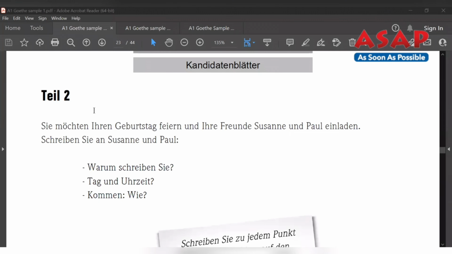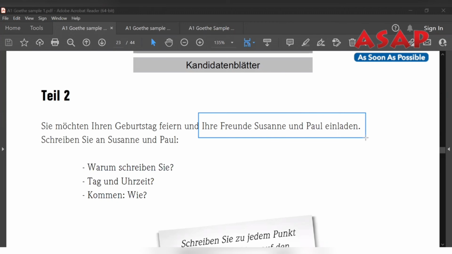You have to find out whom you are writing to. For example, here Sie möchten Ihren Geburtstag feiern und Ihre Freunde Susan und Paul einladen. It is your birthday, you are inviting your friends, so you are writing an email to Susan and Paul.